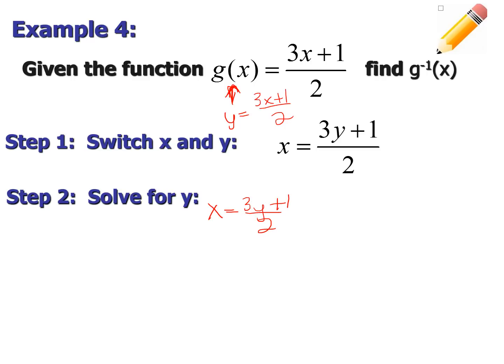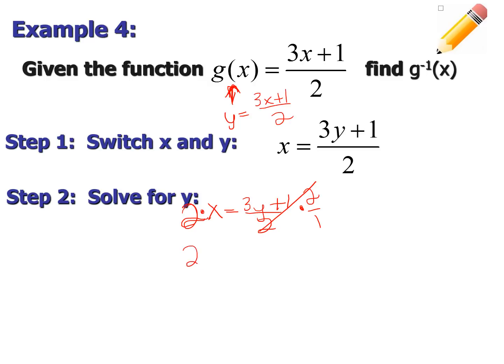So now we have to do reverse PEMDAS to solve for y. So y is getting multiplied by 3, then added by 1, and then divided by 2. So the first step we have to do is multiply by 2 to get rid of that denominator. So 3y plus 1 over 2 times 2 over 1 is going to cancel those 2's, and whatever we did to one side we had to do to the other side.